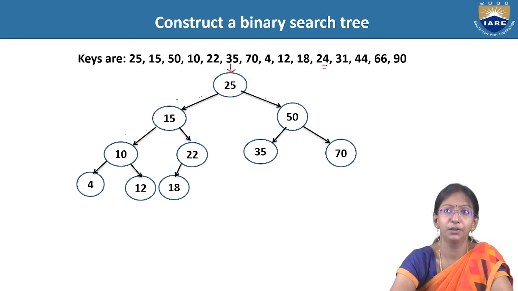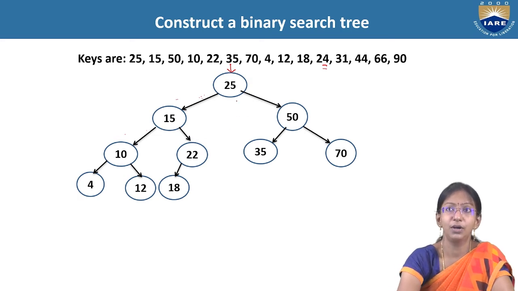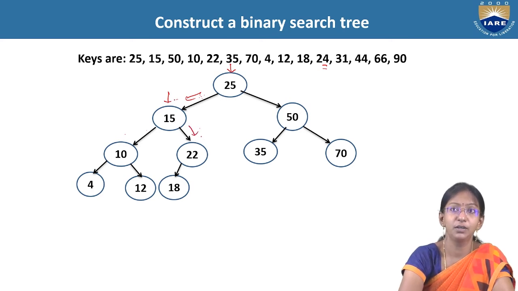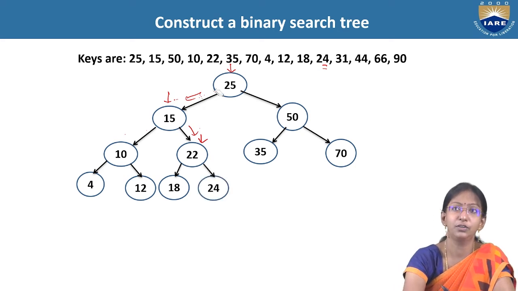Compare it with 25. So as it is lesser, travel towards left. Compare it with 15. Greater, travel towards its right. Compare it with 22. It is greater. So as there is no right child for 22, introduce it as the new right child.